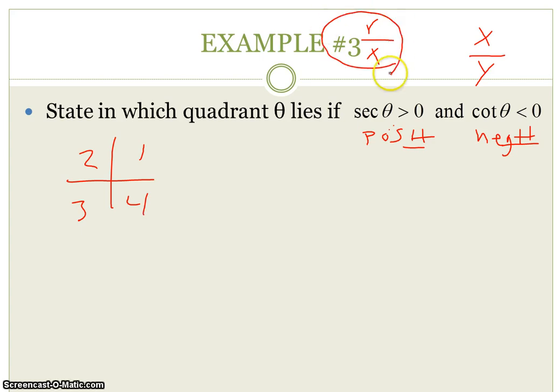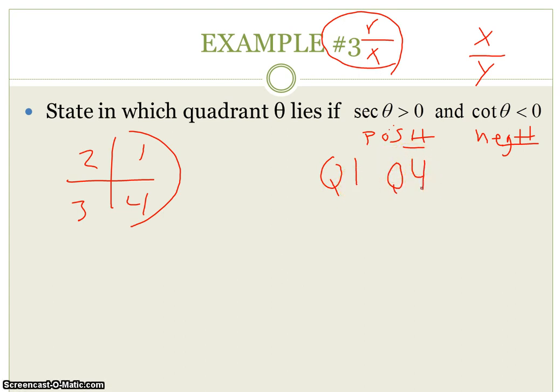If this ratio R over X is going to be a positive number, X needs to be a positive number. And X is positive over here in quadrants 1 and 4. So secant greater than 0 means I need to be in quadrant 1 or quadrant 4.